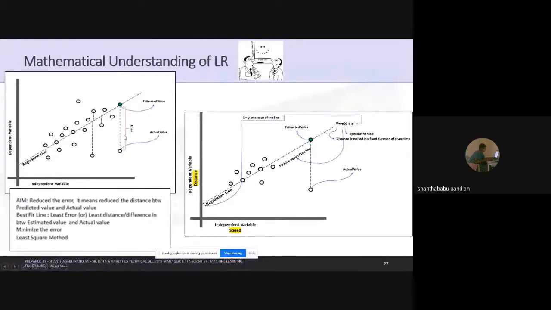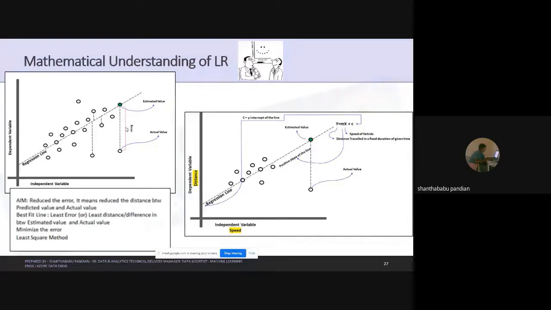Basically, we want to reduce the error to fit the proper regression line. So that's what I mentioned: the aim is to reduce the error. It means reducing the distance between the predicted value and the actual value. Then only can you say your model is good. So for this, for example, if you're fitting multiple linear regression, you might have n number of parameters.